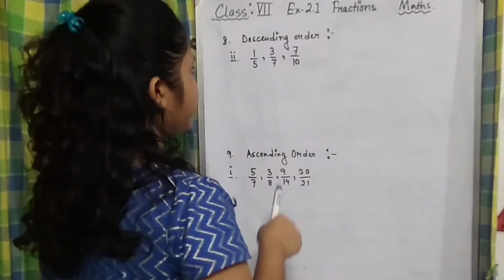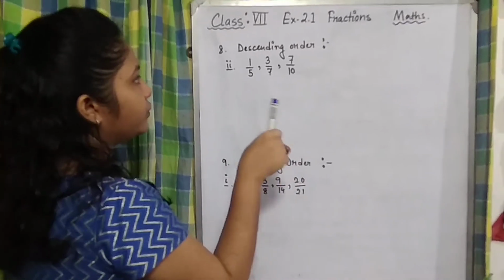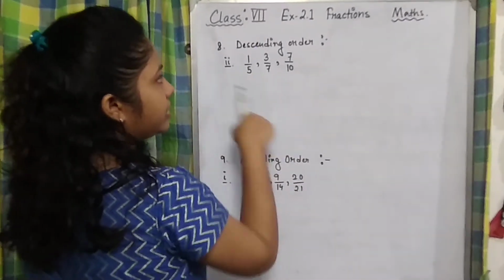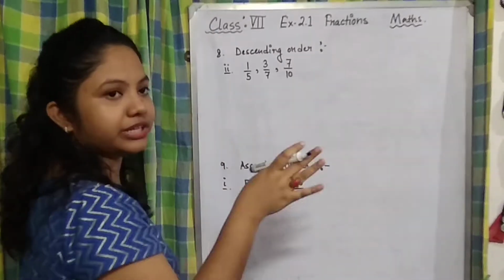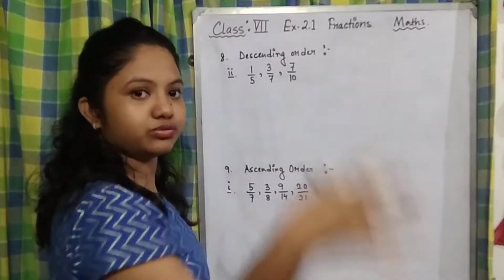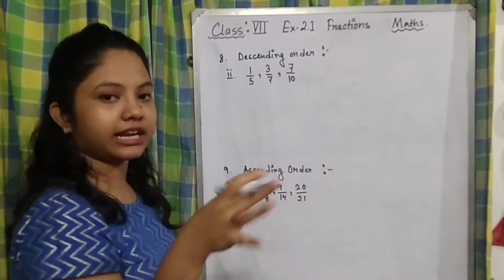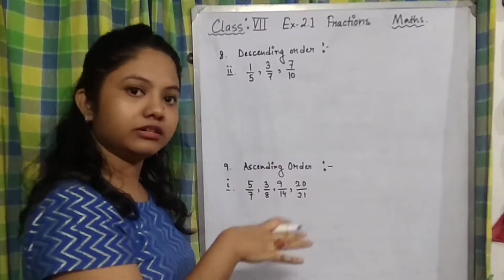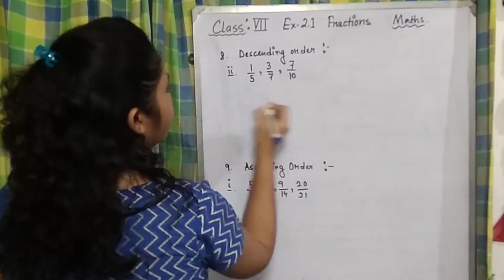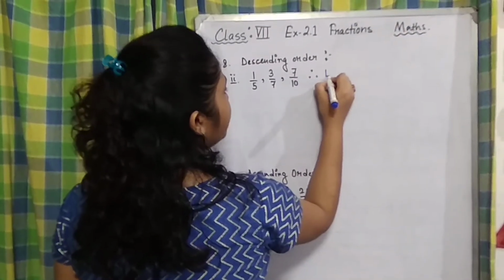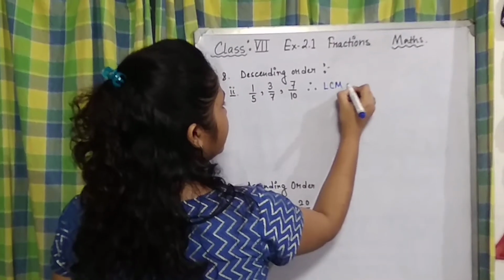After the number 7, we will see how to do the descending order and ascending order. Now we know that in descending order, we are going to arrange from the largest number to the smallest number, and exactly the opposite will happen in the ascending order. For this also we have to find out the LCM of the denominators.